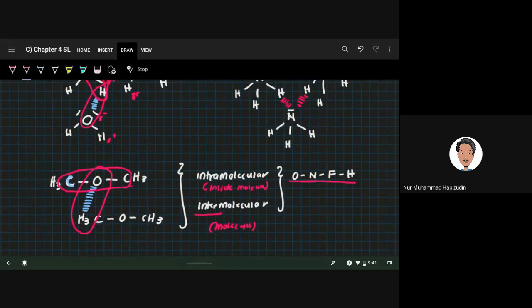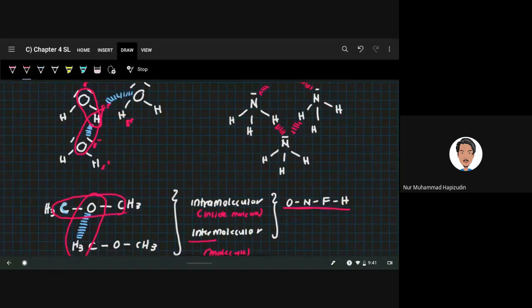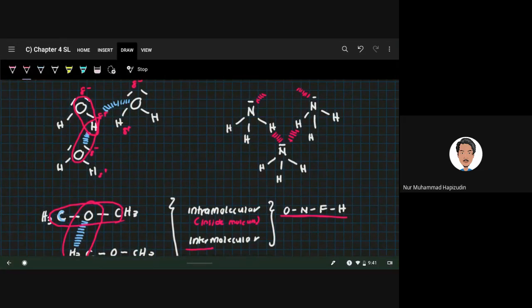The one below is not, why? Yes, intermolecular O with H, but intramolecular, inside the molecule, the oxygen is combined to an atom other than O, F and H. Example ammonia. Yes, in ammonia intramolecular is NH, right?